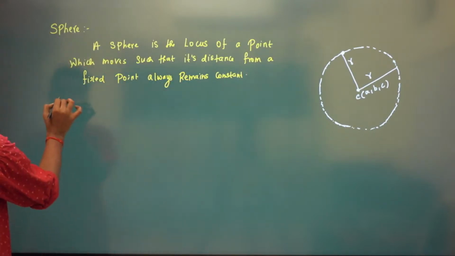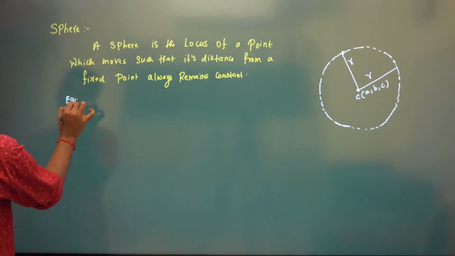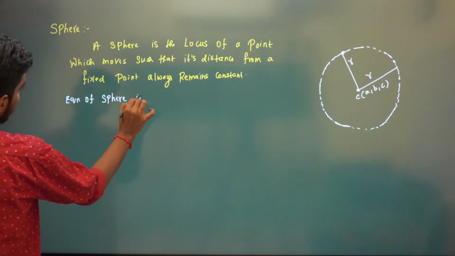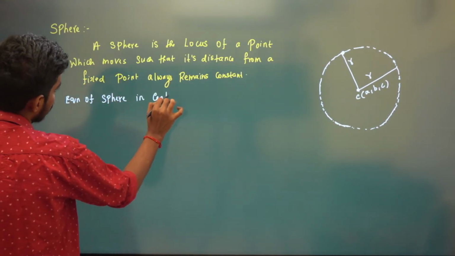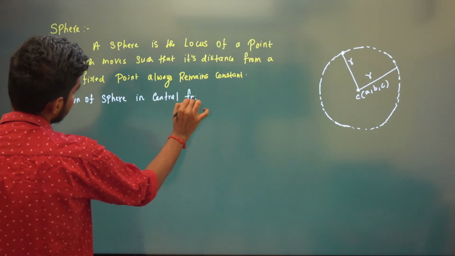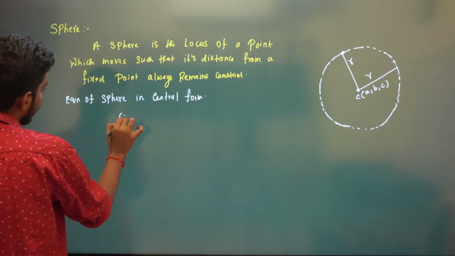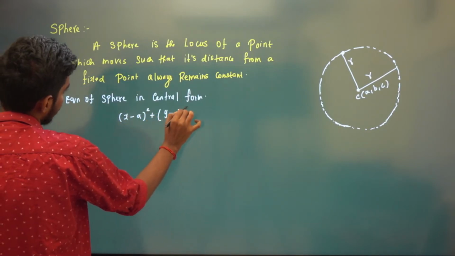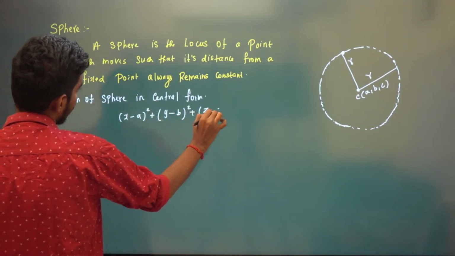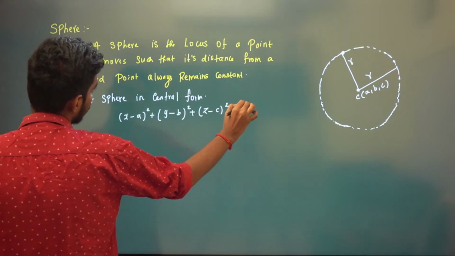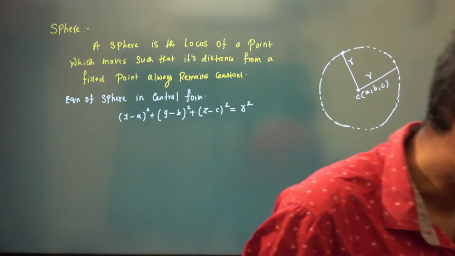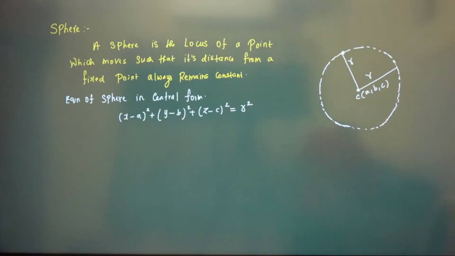Then the equation of a sphere in central form is given by (x minus a) whole square plus (y minus b) whole square plus (z minus c) whole square is equal to r square.